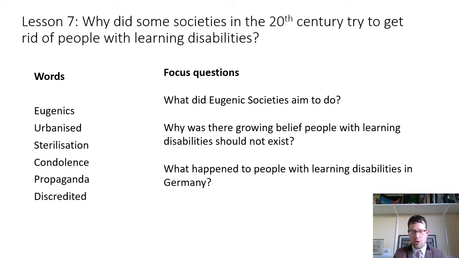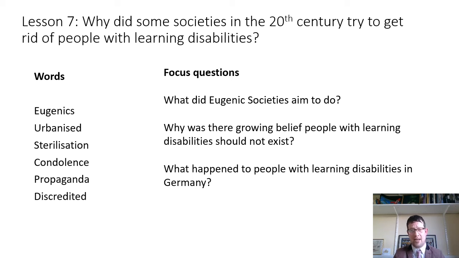The T4 program was the concerted and deliberate attempt by the Nazi state to eradicate people with learning disabilities from German society altogether. Many of the same techniques used in the Holocaust against Jews and other people the Nazis deemed undesirable were enacted on people with learning disabilities: gas chambers, mass shootings.